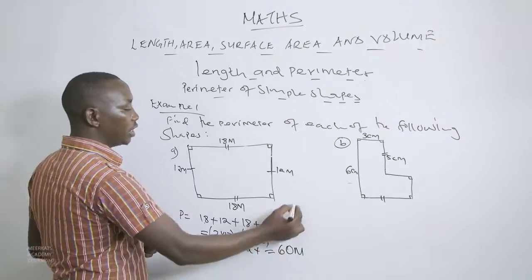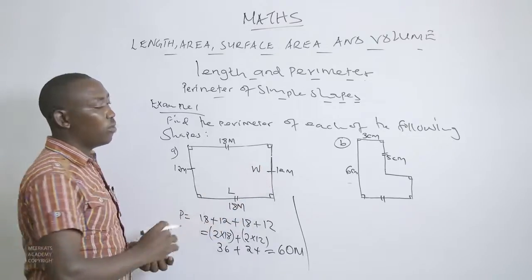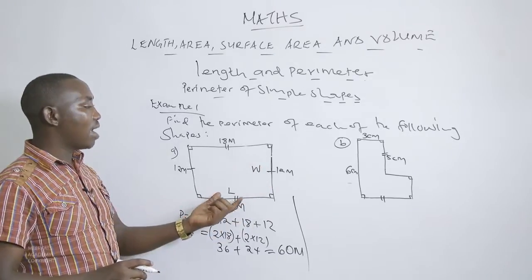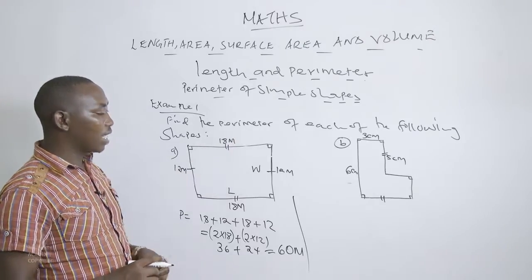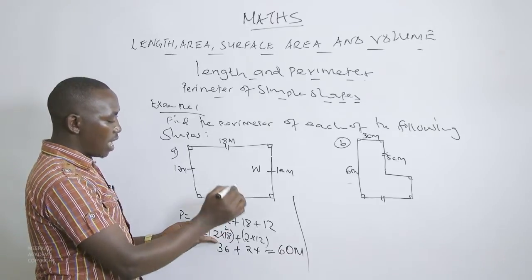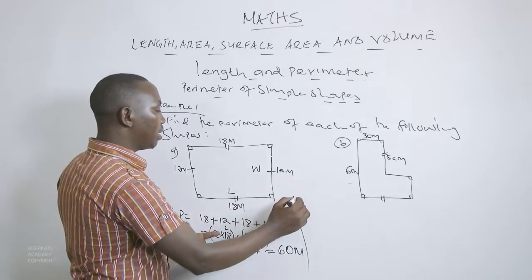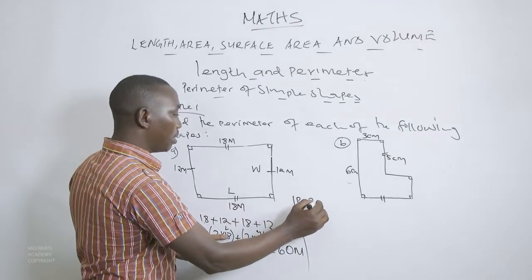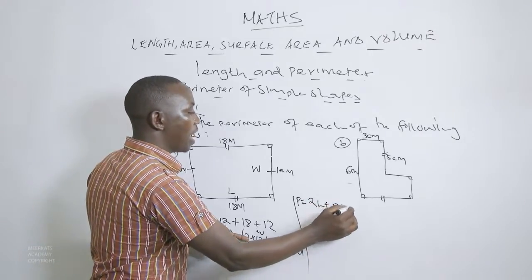So in short, if this was the length and this was the width of our rectangle, then this will be L, this will be W. That means perimeter is given by 2 multiplied by the length plus 2 multiplied by the width.